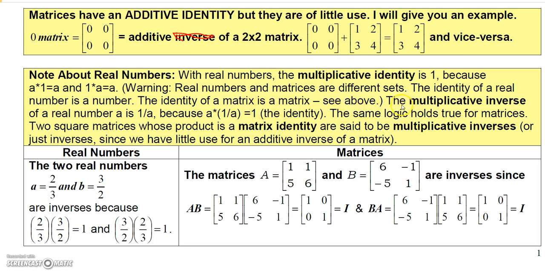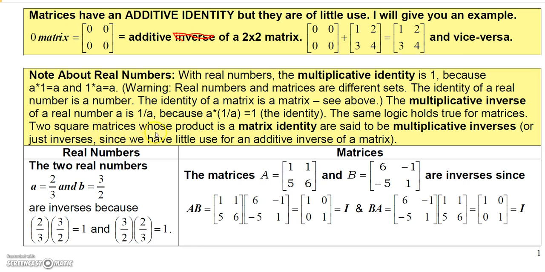So the multiplicative inverse of a real number a is the number 1 over a, because if you take a times 1 over a, you get 1, which is the identity for real numbers. The same logic holds for matrices, but the inverse of a matrix would be another matrix, not a number.